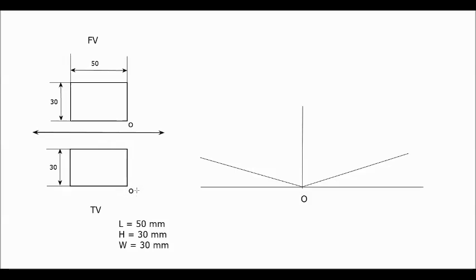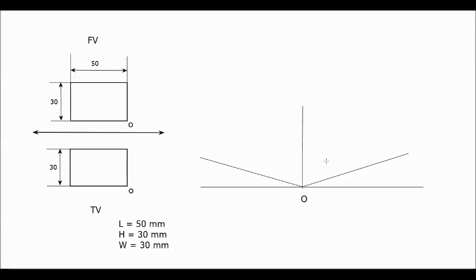Similarly, your top view should lie on the left side of the origin. So as your front view should lie on the left side of the origin and above the origin, there is no need to draw the vertical axis below the reference line. So we require the vertical axis above the reference line.